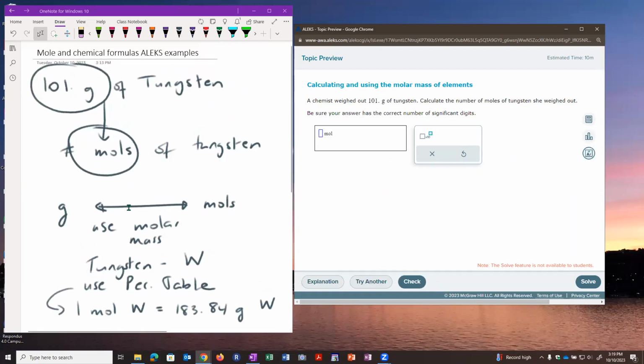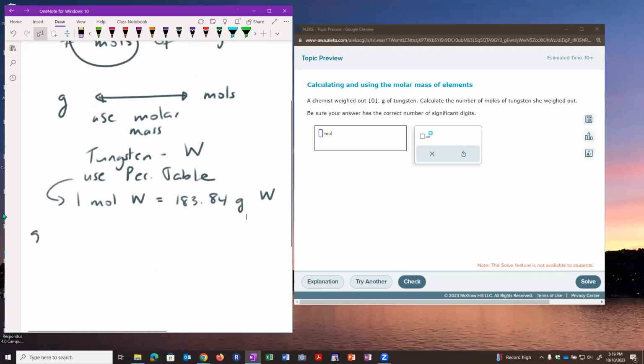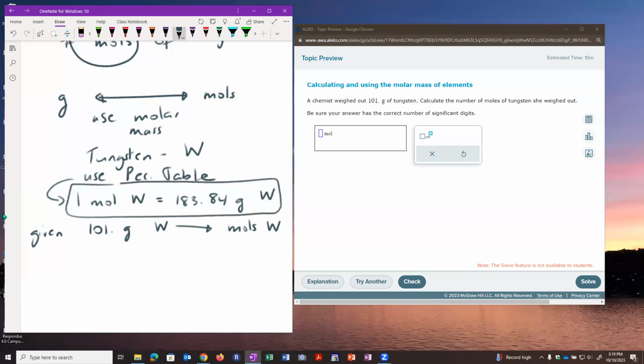So we're given 101 grams of W, of tungsten. We want to convert this into moles of tungsten. We're going to use our molar mass that we get from the periodic table and set it up as a conversion factor, which we've done multiple times already.